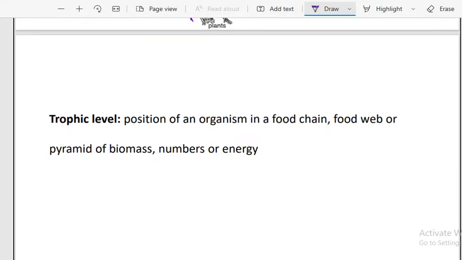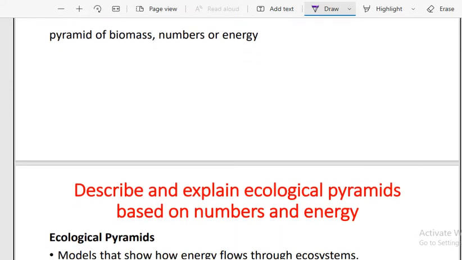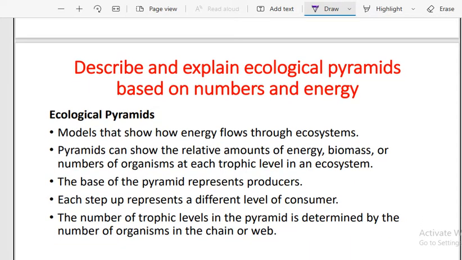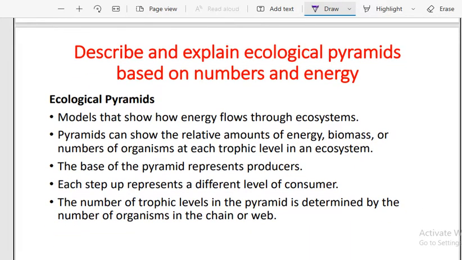The position of an organism in the food chain, food web, or pyramid of biomass or numbers represents a trophic level. Now, the next part that the content of our syllabus expects us to know is to describe and explain ecological pyramids. In this case, we'll look at pyramid of numbers and pyramid of energy.